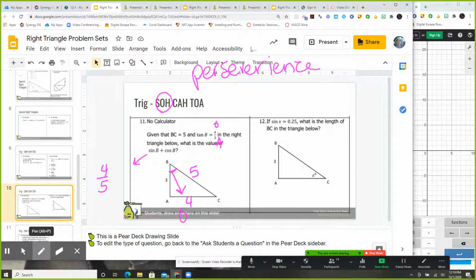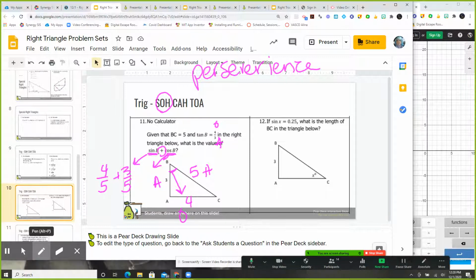I think you were just a step ahead of us. What's the cosine of B? So all we did was find the ratio for the sine of B, which is 4 over 5, and the ratio for the cosine of B, which is 3 over 5. And then we're going to add them up.